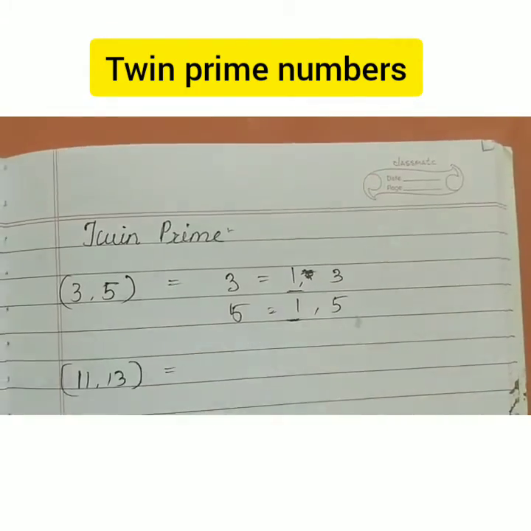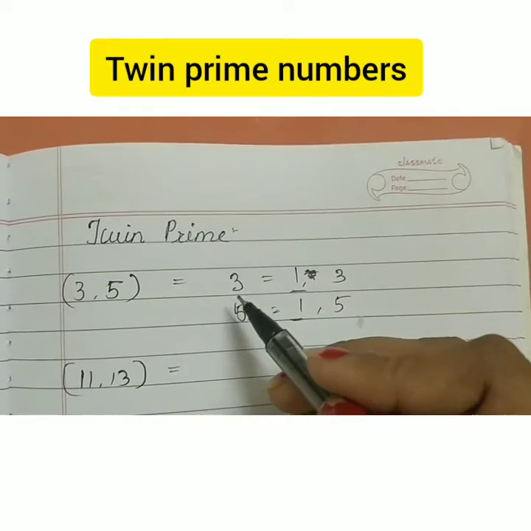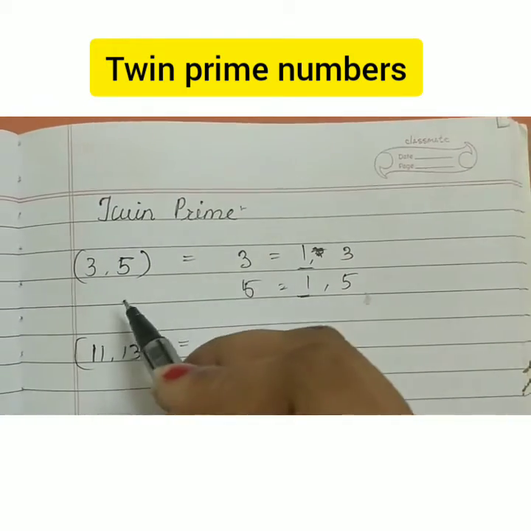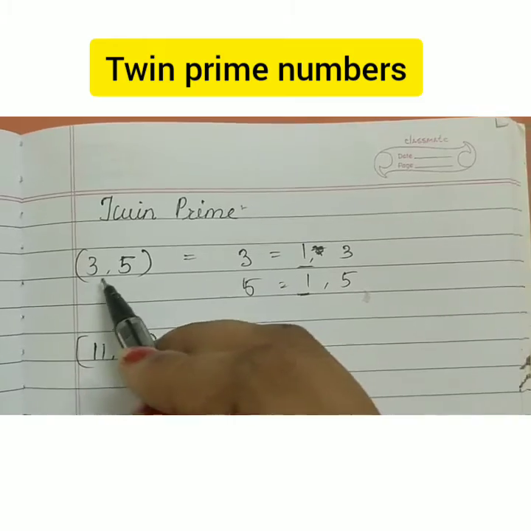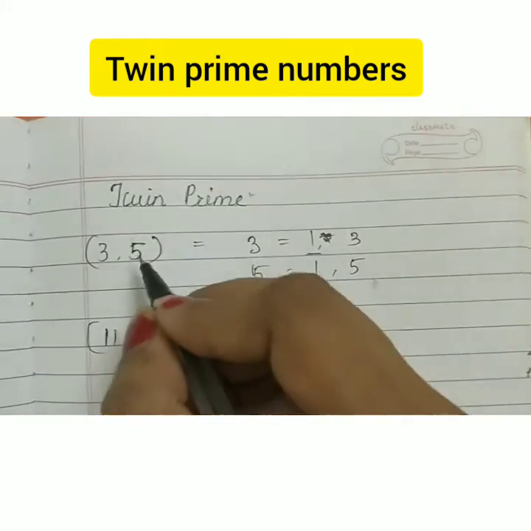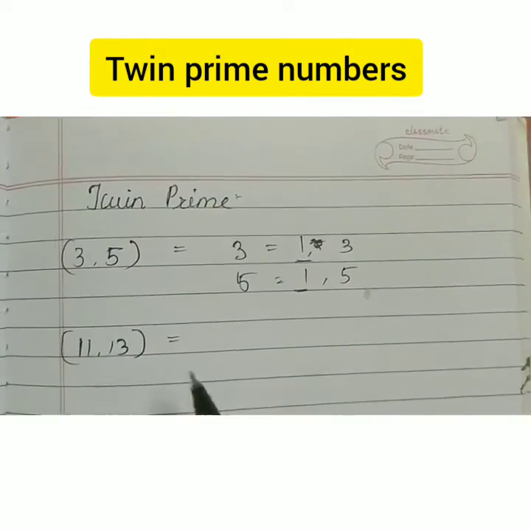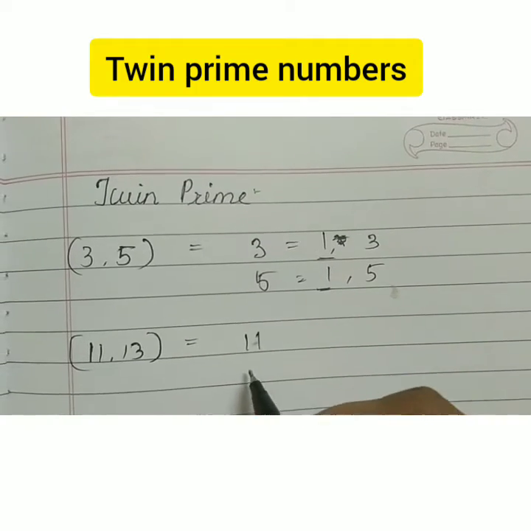But what is twin prime? The difference between these two numbers is 2. The difference between 3 and 5 is 2, and that's why we call them twin primes. Now let's check 11 and 13.